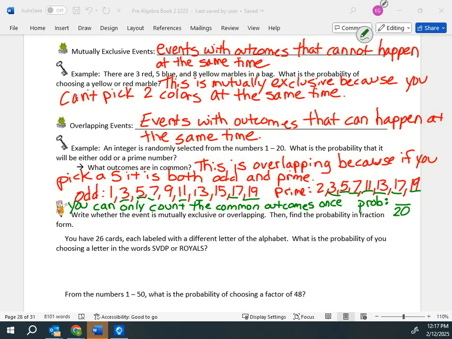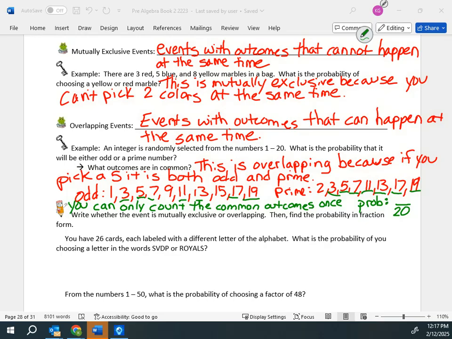What is our successful outcomes? How many successful outcomes can there be? Valid? 1, 2, 3, 4, 5, 6, 7. So you counted the common ones. But can I pull an odd number that's not a prime?